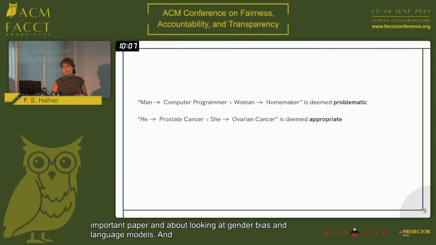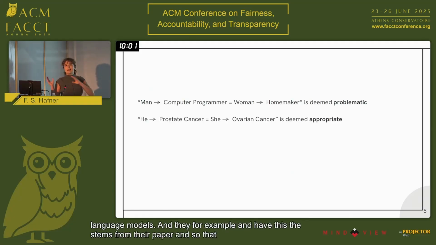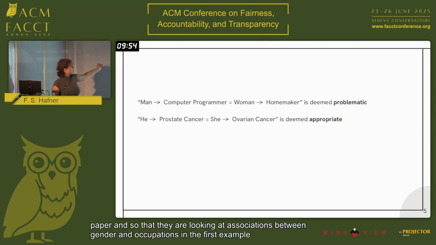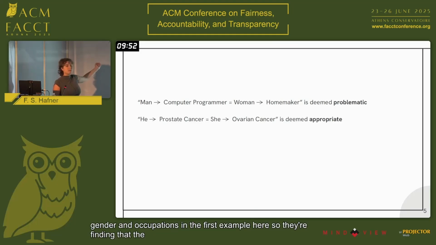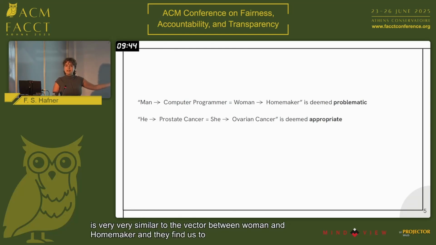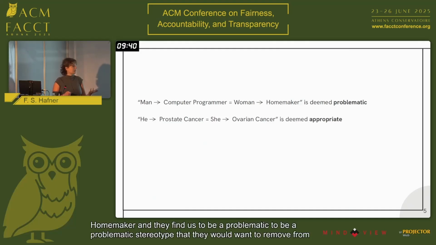They, for example, have this stem from their paper, so that they are looking at associations between gender and occupations. In the first example here, they're finding that the vector between man and computer programmer is very, very similar to the vector between woman and homemaker. And they find this to be a problematic stereotype that they would want to remove from models.